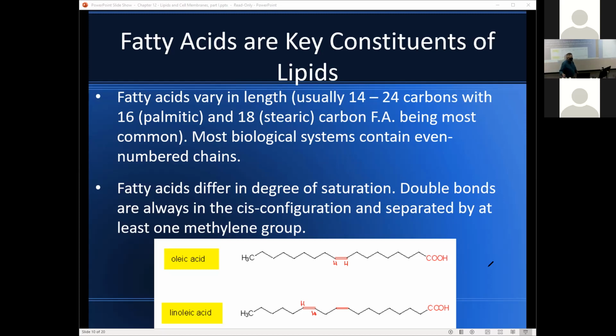So what they would do to make margarine was basically to take liquid oil and bubble hydrogen gas through it in order to saturate fatty acids and make them more solid. This would lead to formation of trans fatty acids. So we would get double bonds with the hydrogens in the trans configuration. Now, these don't occur naturally in nature, yet we were eating them.